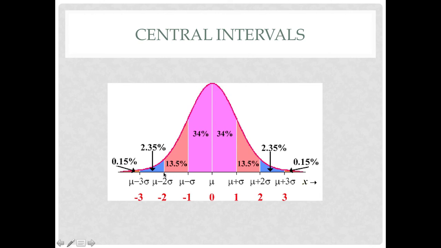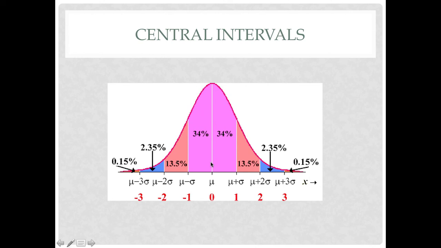Then if you go to 2 standard deviations, between 1 and 2 standard deviations is 13.5%. Between 1 and 2 standard deviations on the other side is also 13.5%. So if you wanted to figure out within 2 standard deviations of the mean, you would add these 4 numbers up: 13.5% plus 34 plus 34 plus 13.5, which gives you 95% of the data.